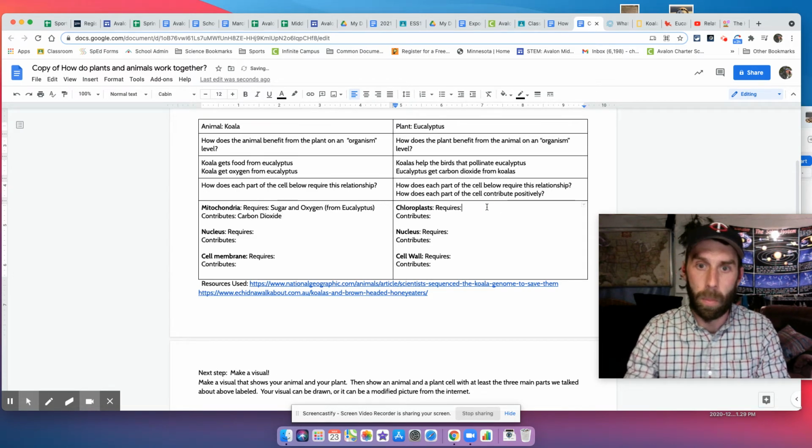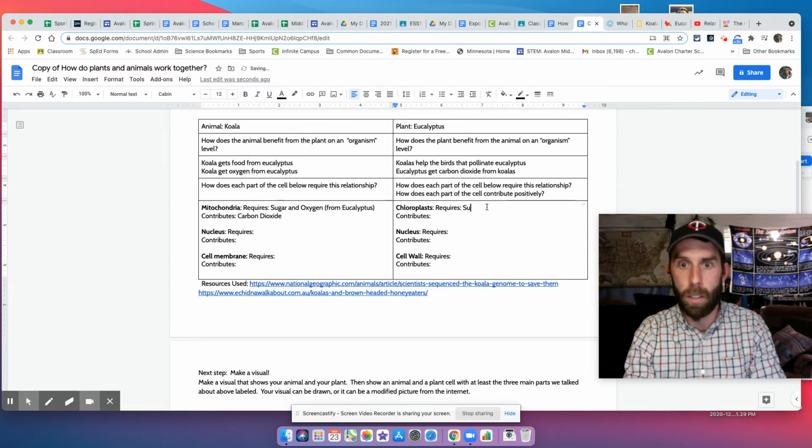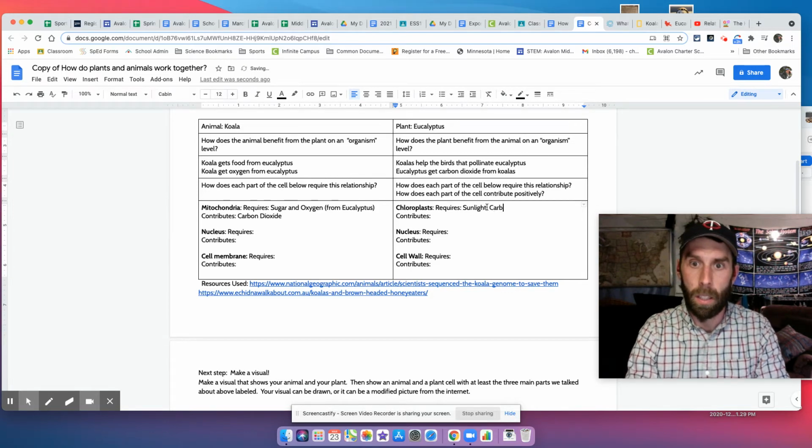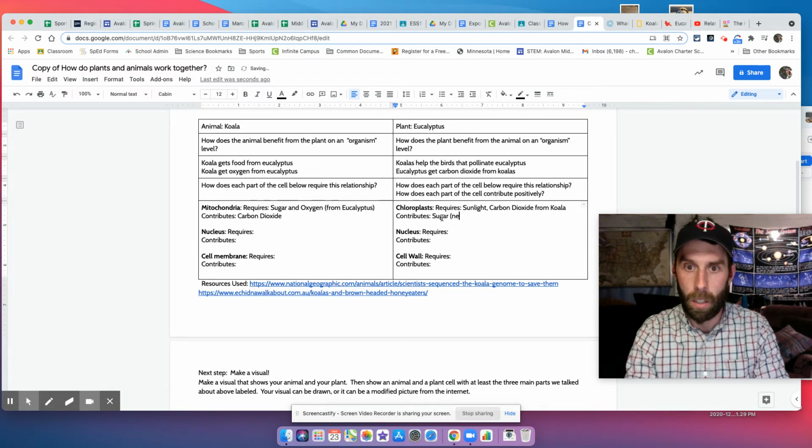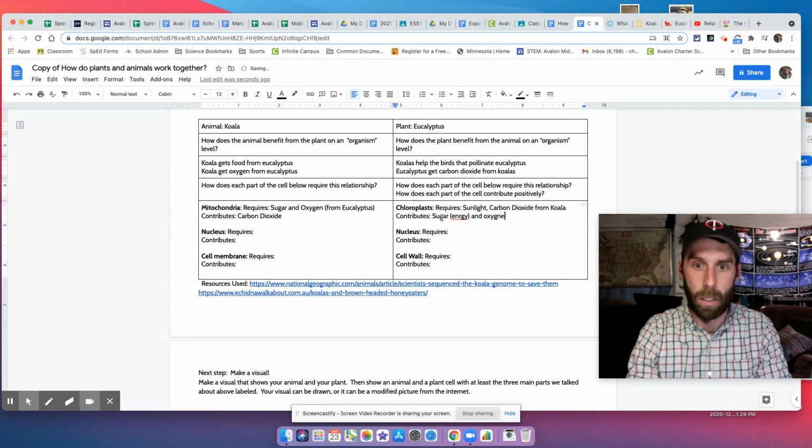Okay, chloroplasts require sunlight, carbon dioxide, right? And then also water from koala. And chloroplasts contribute sugar, energy, and oxygen.